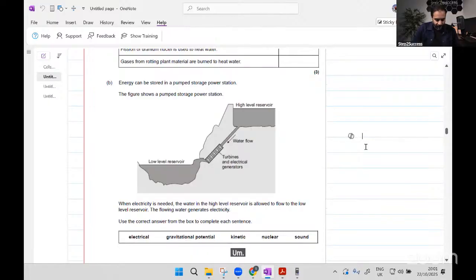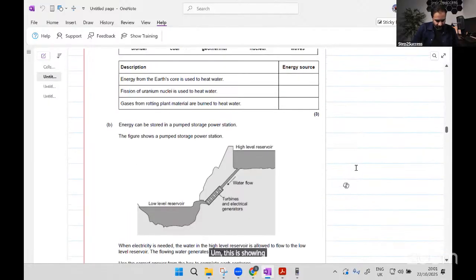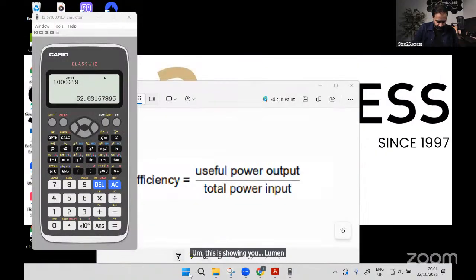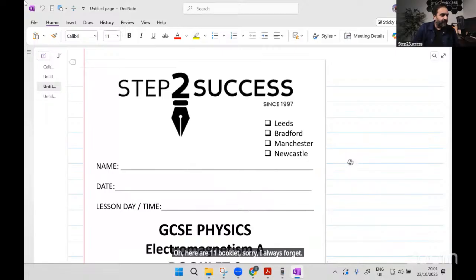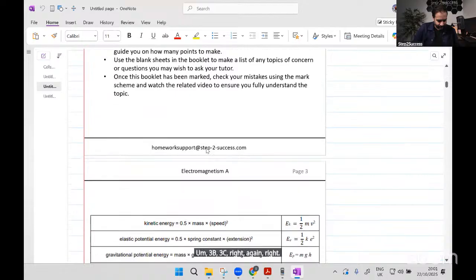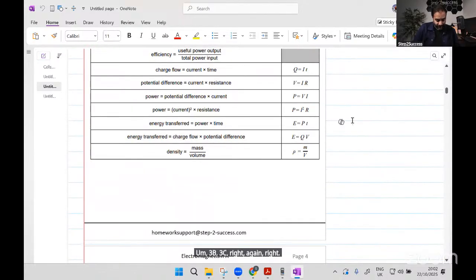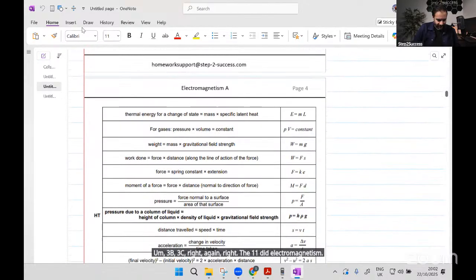This is showing you. I'll zoom in. Oh, year 11 booklet. Sorry, I always forget. I'm just thinking of last year. 3B, 3C, right, again. Year 11 did electromagnetism. It's fitting.